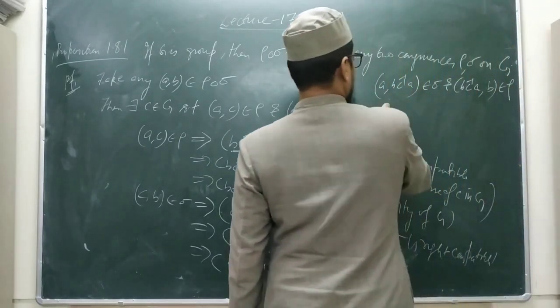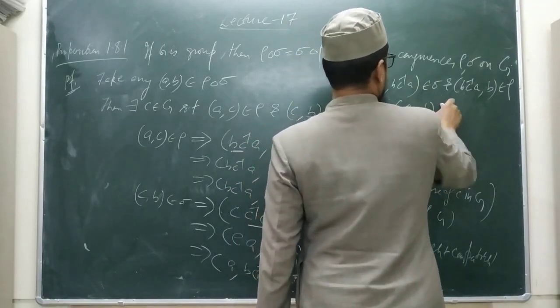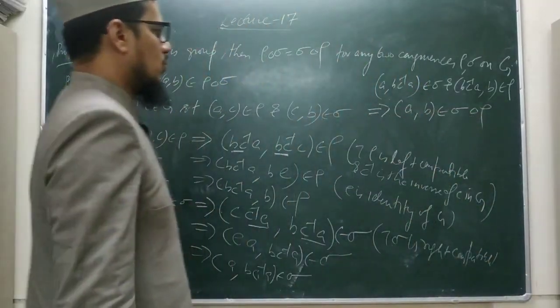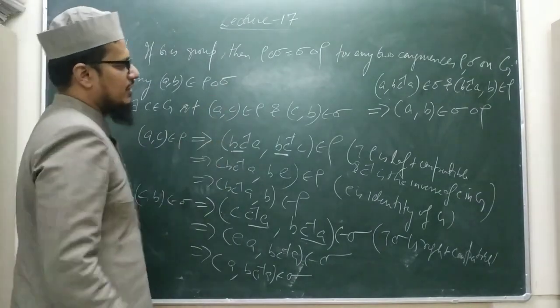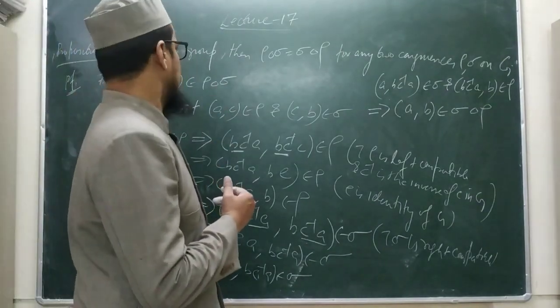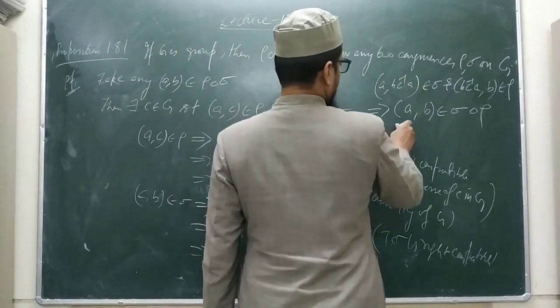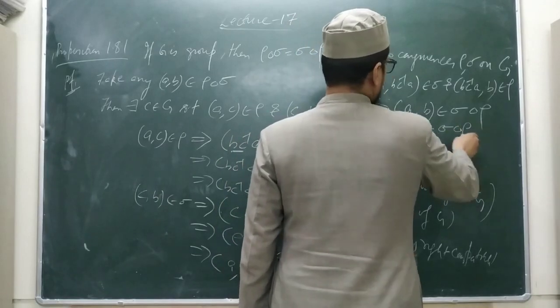It implies that (A, B) belongs to sigma composition rho. So we have taken an element (A, B) in rho composition sigma and proved that (A, B) goes in sigma composition rho. It implies that rho composition sigma is a subset of sigma composition rho.